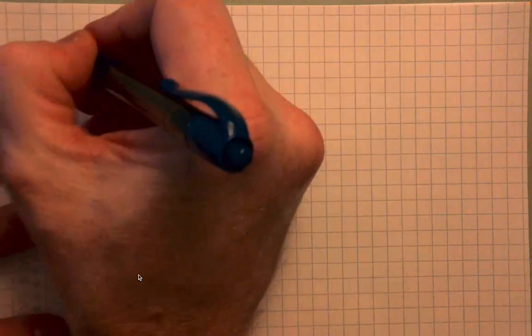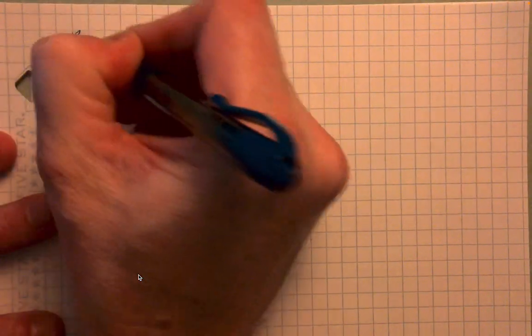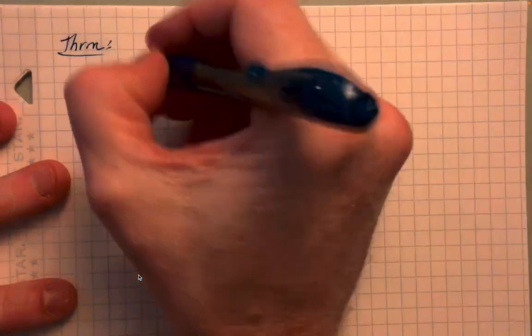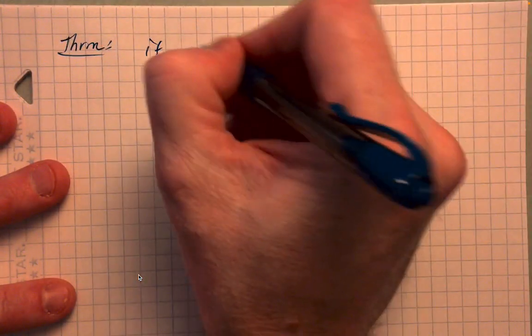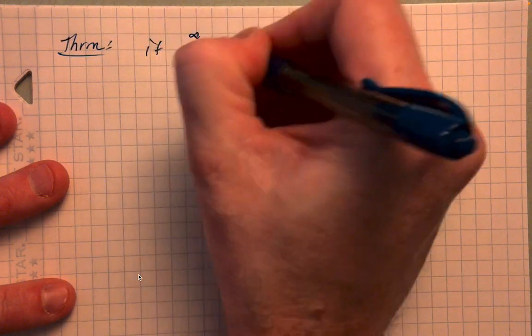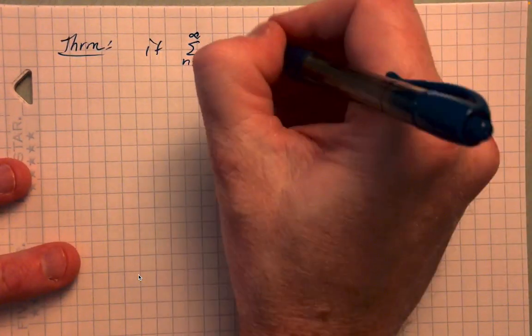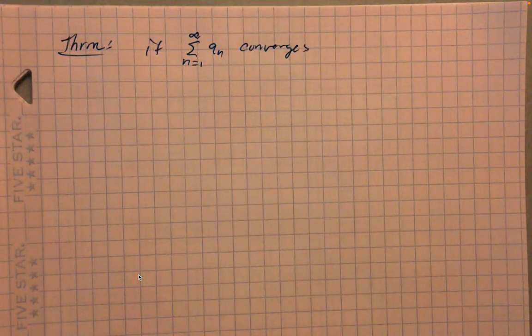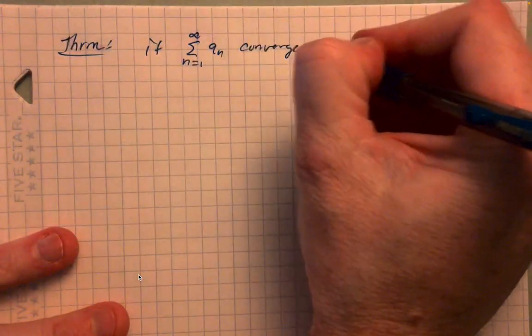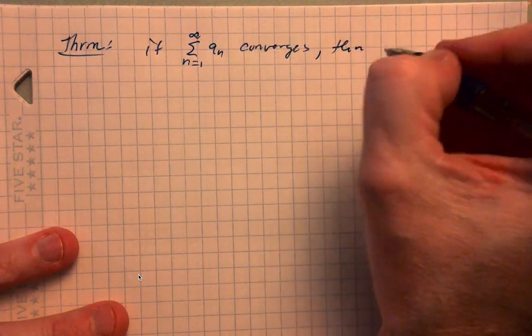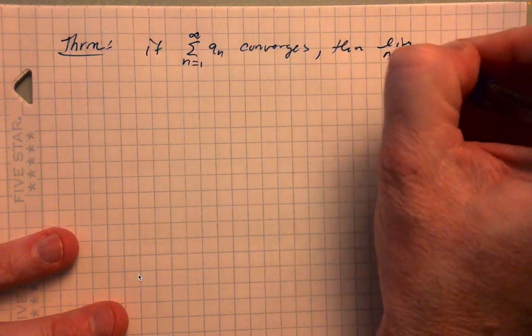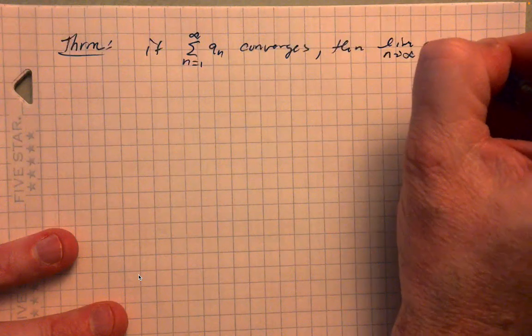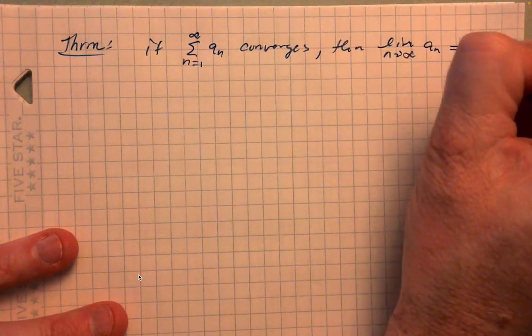How about a theorem? Okay, this theorem goes as follows: if the series from n equals 1 to infinity of a of n converges, then the limit as n goes to infinity of a of n must be equal to 0.